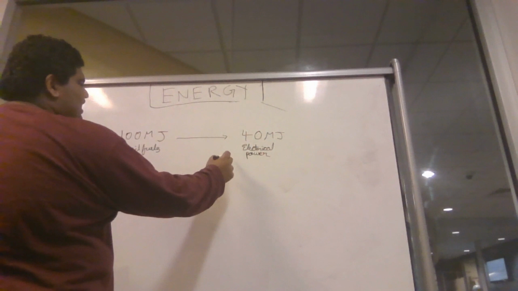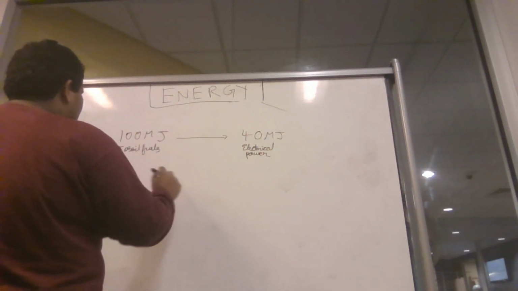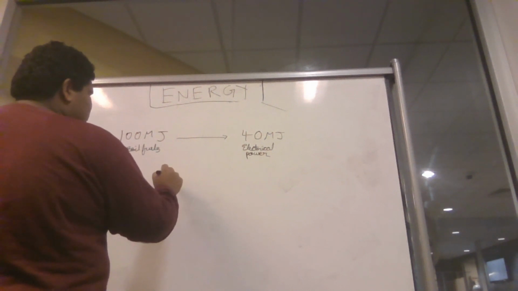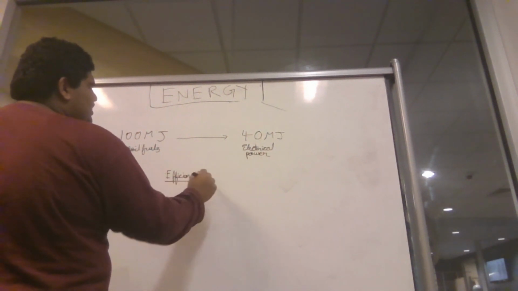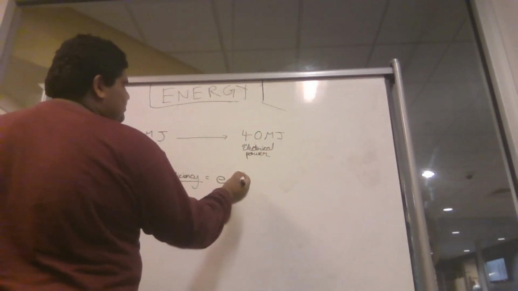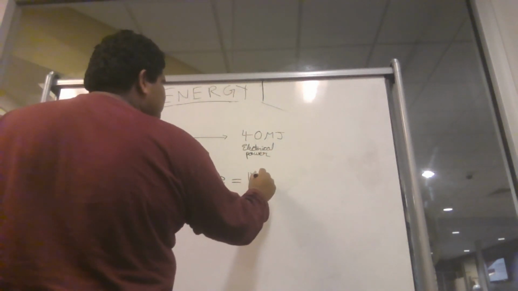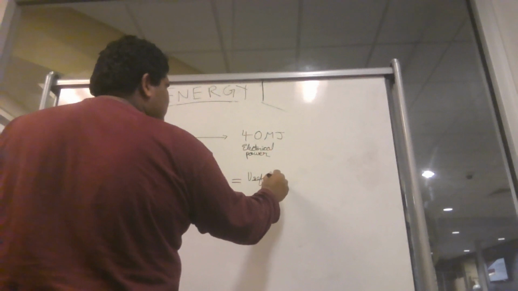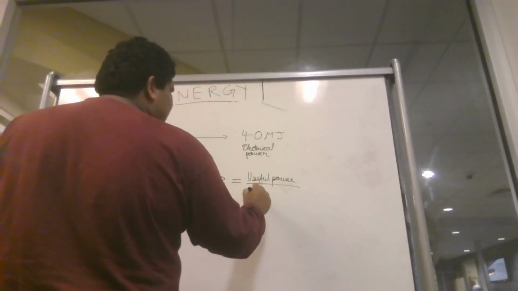We can calculate the efficiency of this fossil fuel plant. Efficiency, which is denoted by E, equals useful power divided by input power.